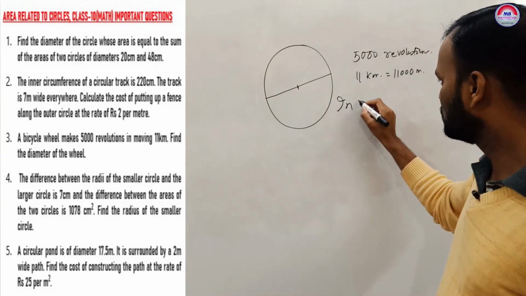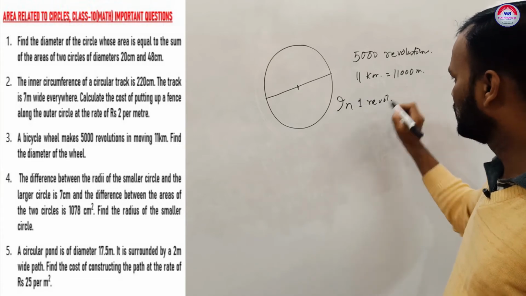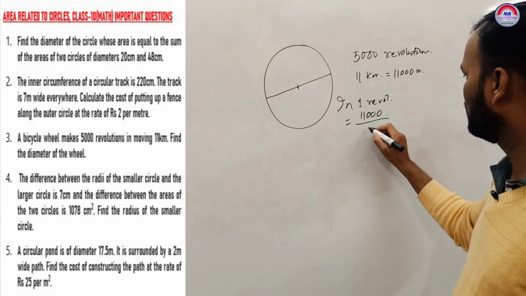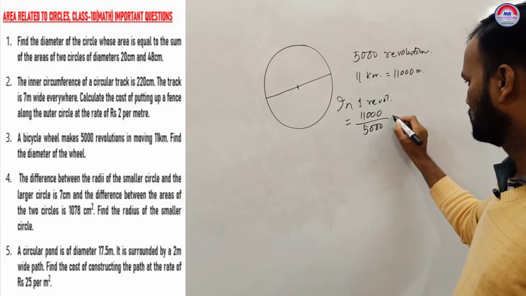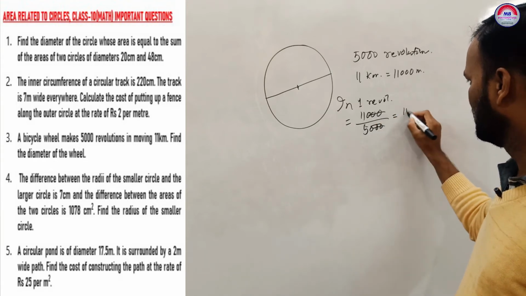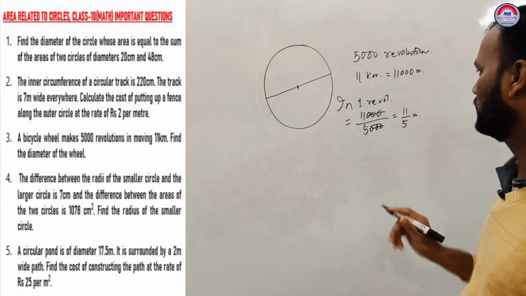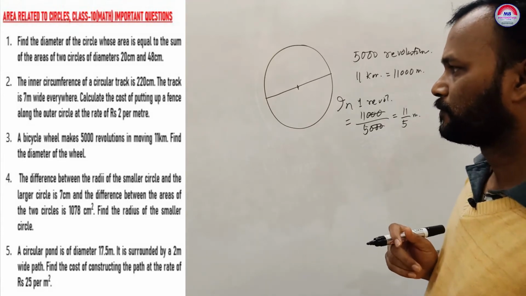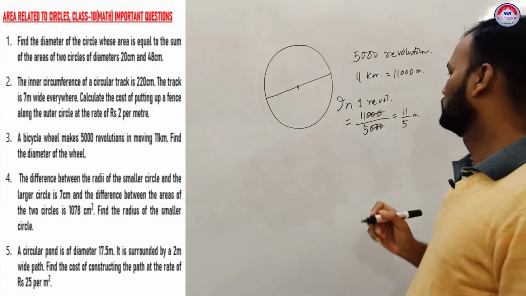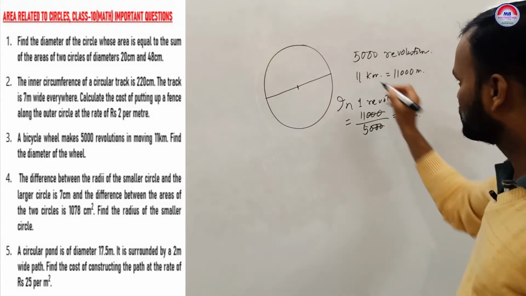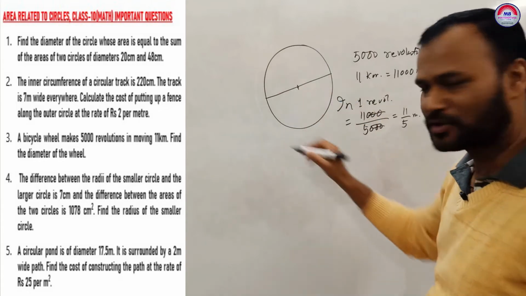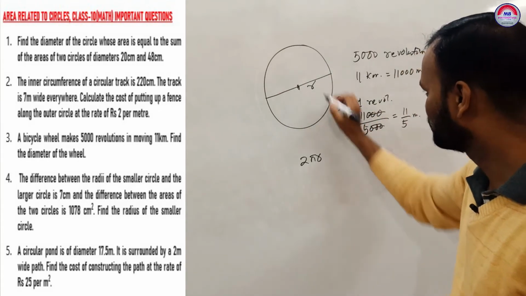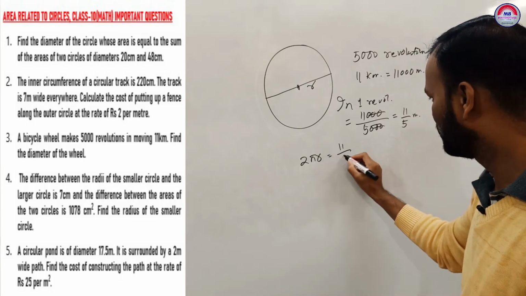In one revolution, it will cover 11,000 divided by 5000, that equals 11 by 5 meter. So in one revolution, it is the circumference. So 2 pi r equals 11 by 5 meter.